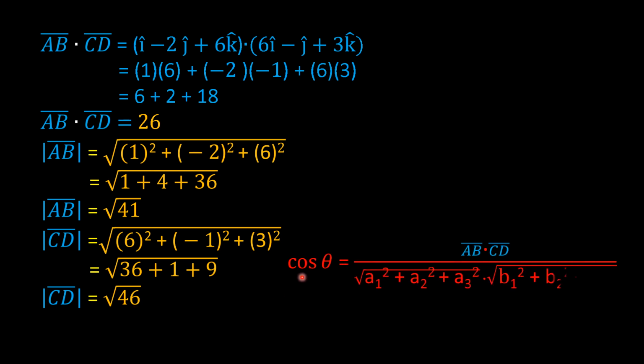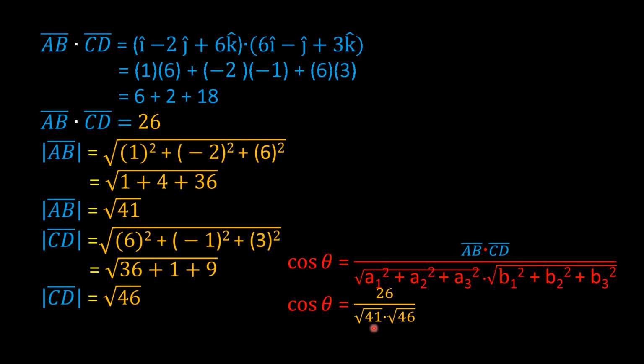Now we have cos theta, that is the angle between AB bar and CD bar, equals AB bar dot CD bar divided by under root A1 squared plus A2 squared plus A3 squared multiplied by under root B1 squared plus B2 squared plus B3 squared.